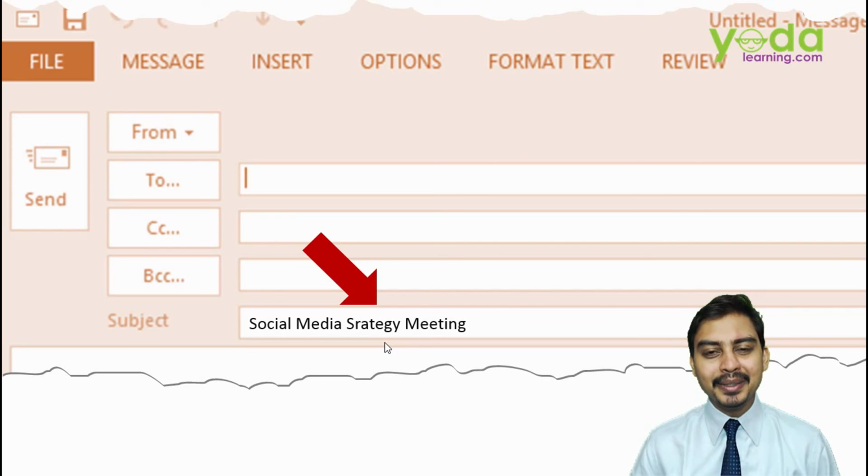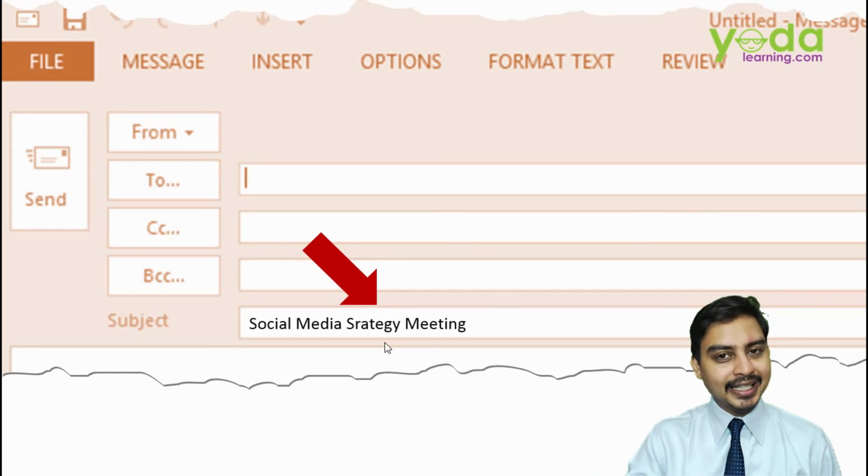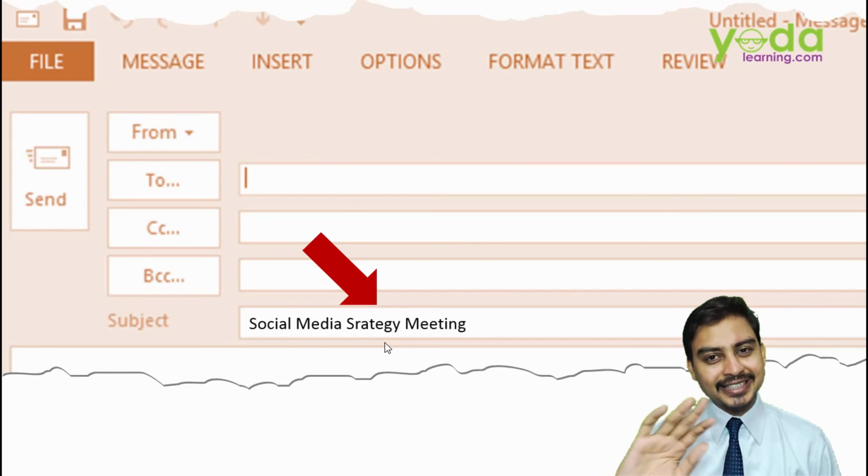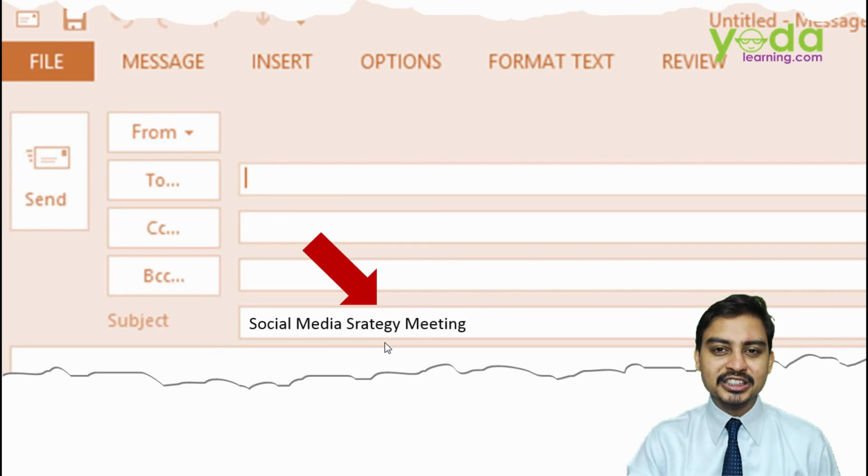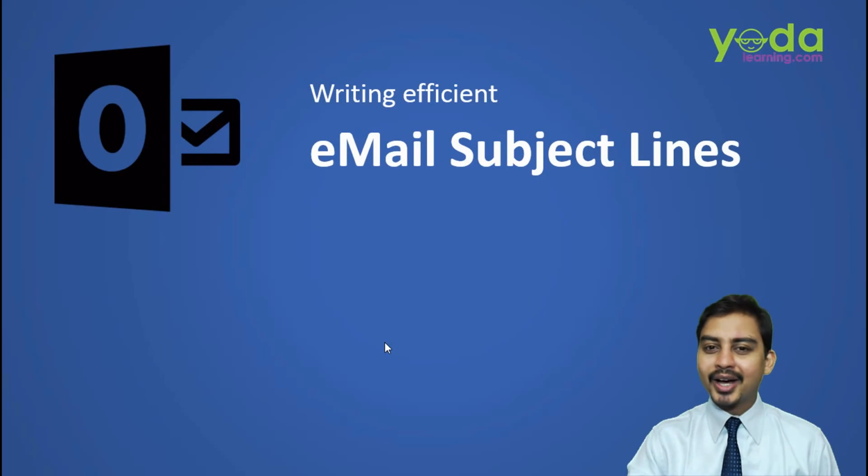At times, somebody else might be sending an email and you just forward or reply to all. If you see a subject line having a spelling mistake, please correct it there and then. Because later, if you try to search for the word strategy in the subject line, it will not appear given the incorrect spelling. So this was all about writing efficient email subject lines.